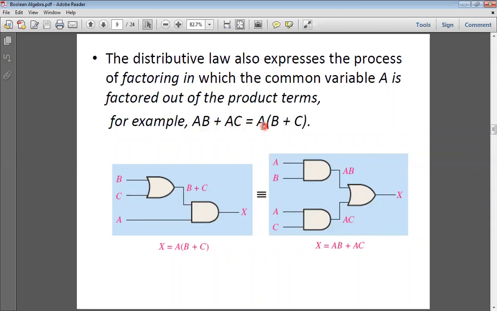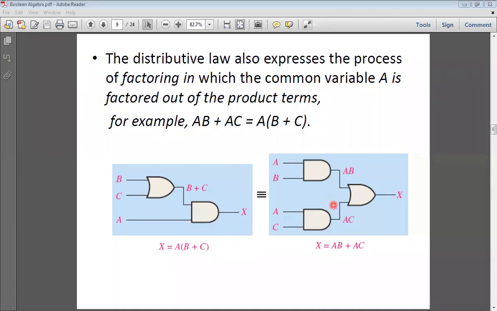If you want to implement the expression A into B plus C in digital circuits, then you will need only two gates, one for this term, another to multiply the result with A. If you choose to implement the expression AB plus AC, you will need three gates, but both yield the same result. Now which is more effective? I would say this one, because it involves only two gates, whereas here we have three gates.